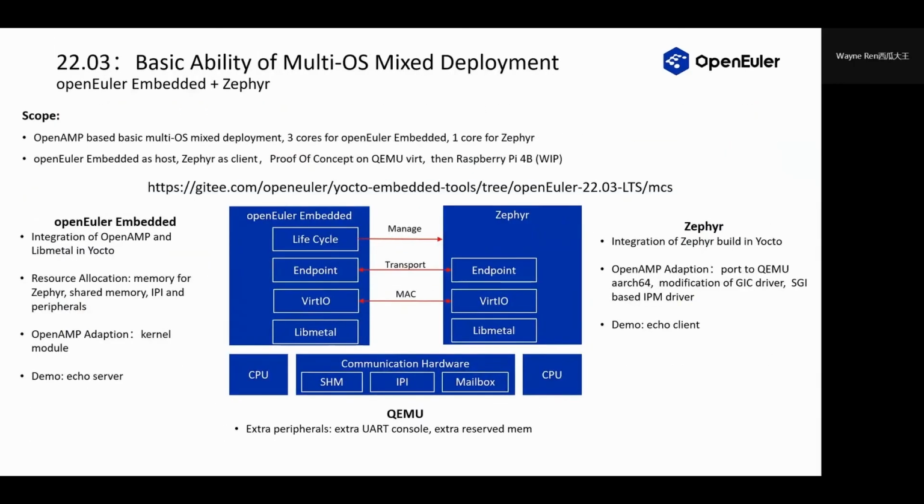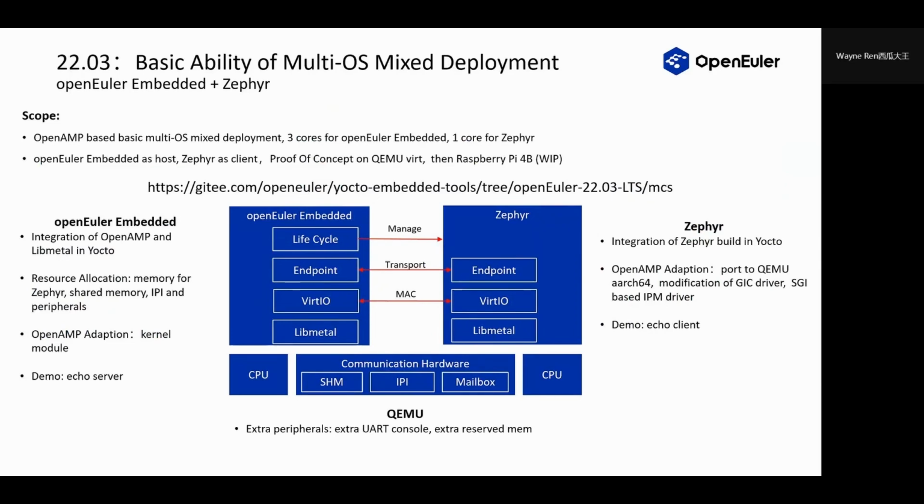Okay, let's see what we did in the just-released openEuler embedded. In the latest release, we implement the basic ability of multi-OS mixed criticality deployment with openEuler embedded and Zephyr.